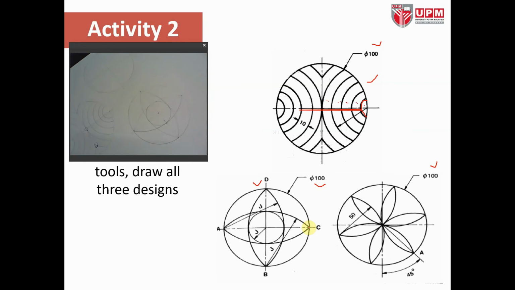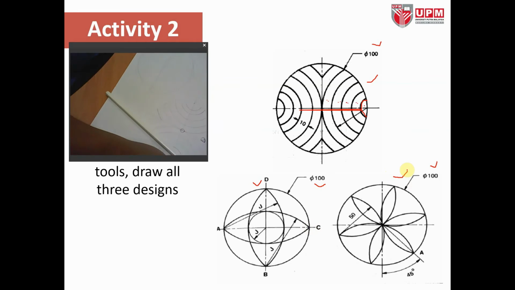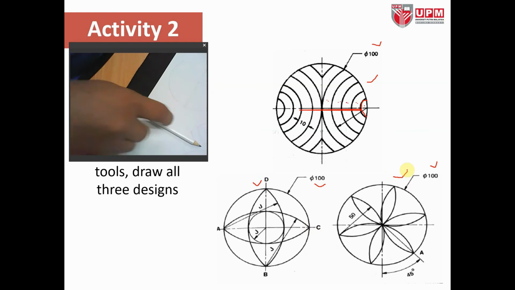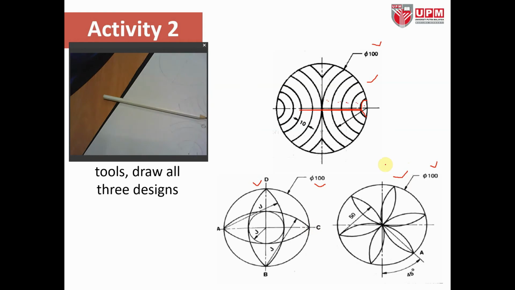Okay, something like this. So that's for the second circle, and now we are going to do the last circle here. For the last circle, you can see that you need to have this 45-degree angle.